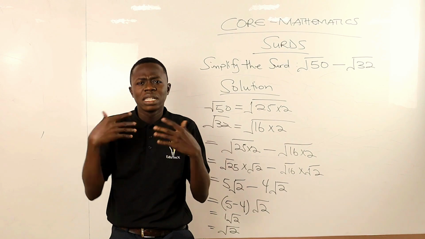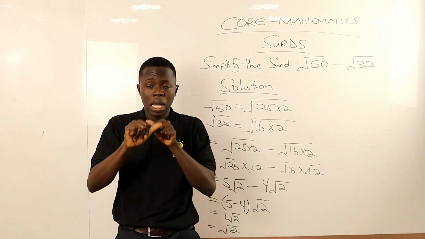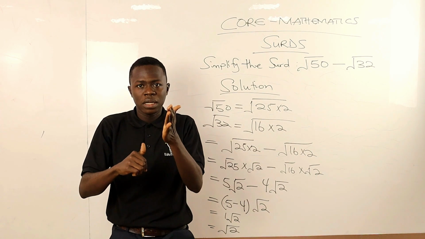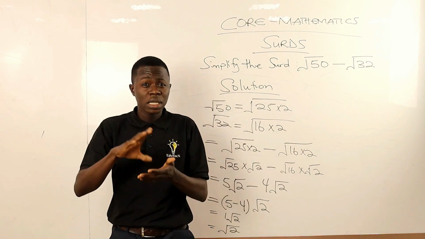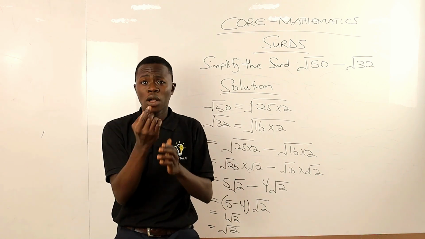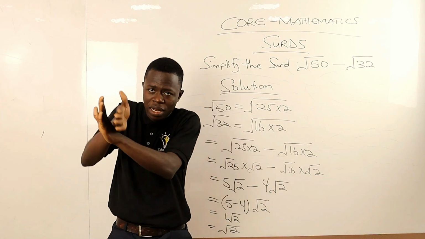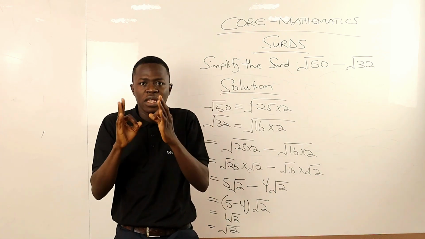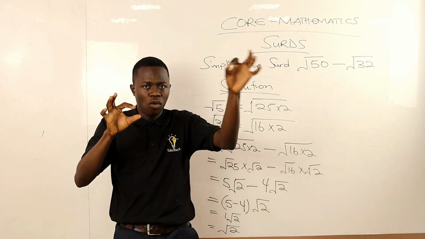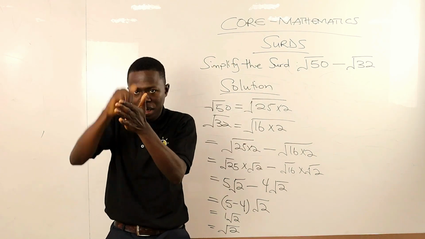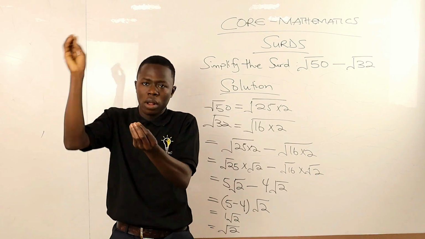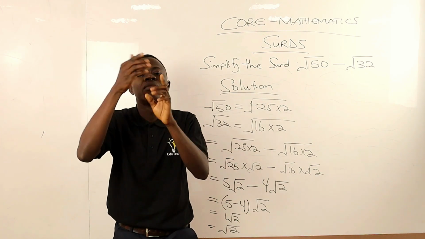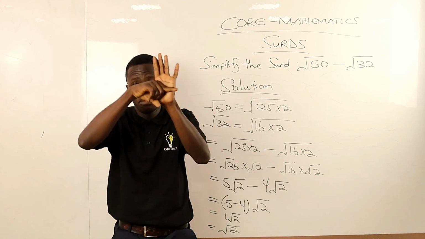So in today's class, what have we discussed? We said that in order to add or subtract surds, first you need to make sure that the numbers outside the square root signs, you isolate them and either add or subtract, depending on the question, of course, whether it is positive or it is negative.